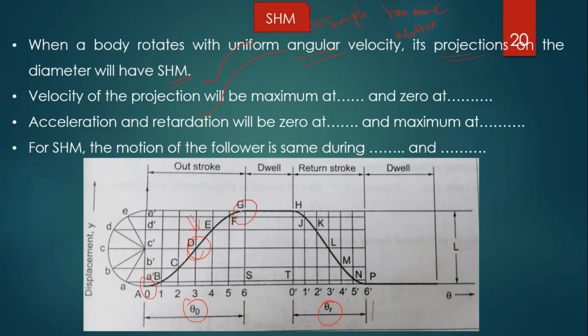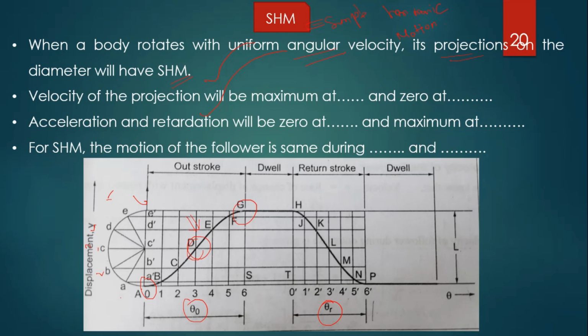First draw the circle with the diameter equal to the displacement of the follower, and divide this semicircle into n number of equal parts. For example, say this is 0, 1, 2, 3, 4, 5 and 6. The number of equal parts should be even, say 6 or 8. 6 is the optimum value, and divide the outstroke angle and return stroke angle into the same number of equal parts.